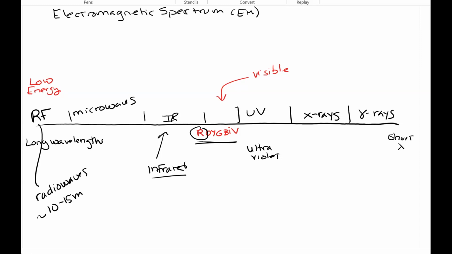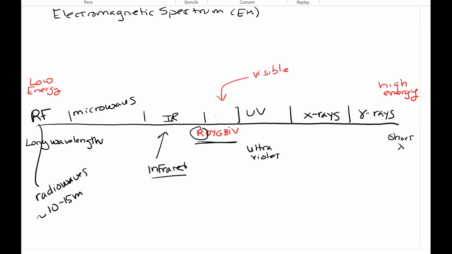And that's sort of easy to imagine because we use our radio to detect a radio signal, radio waves. On the other end of the spectrum, things have much higher energy. Short wavelengths, high energy.